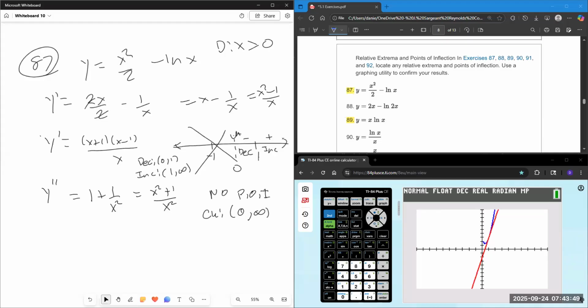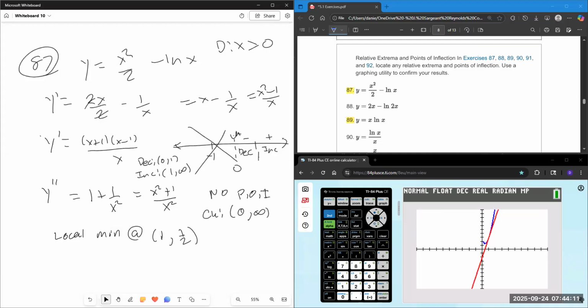And local min at 1 and then 1/2 minus 0, that's going to be 1/2 at (1, 1/2).